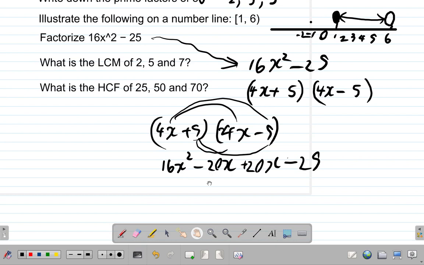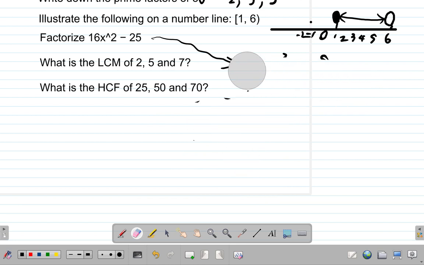What you will see is that negative 20x plus 20x is 0, so this is gone. So on the left you have 16x squared and minus 25 on the right. So you see that you get back the same thing when you multiply out the brackets, alright?